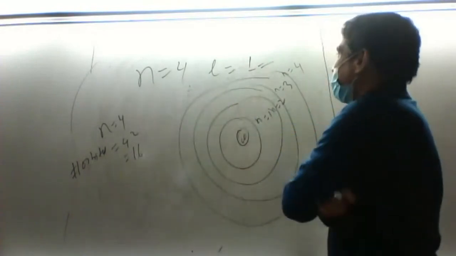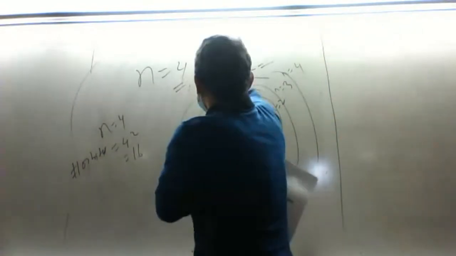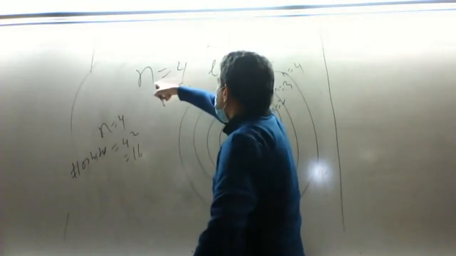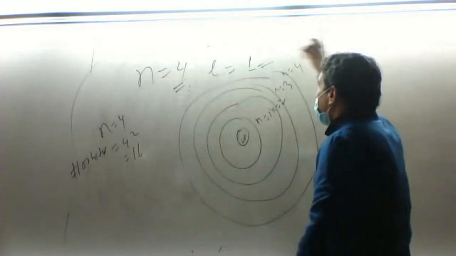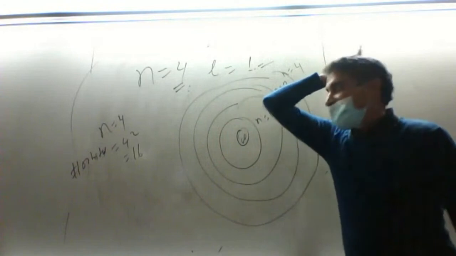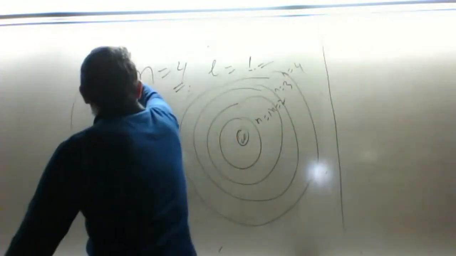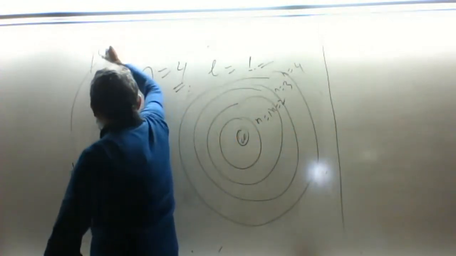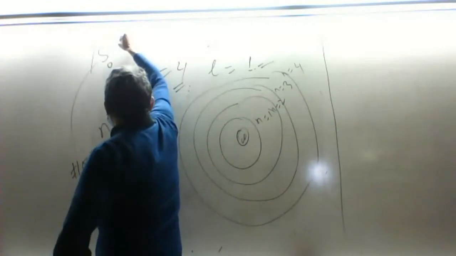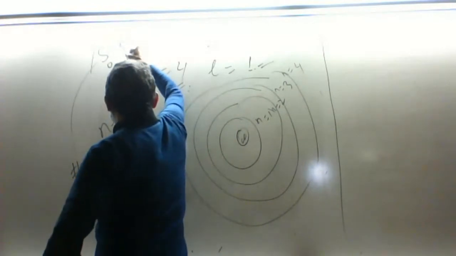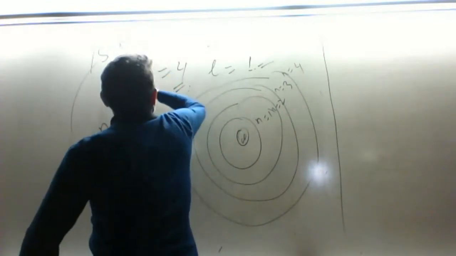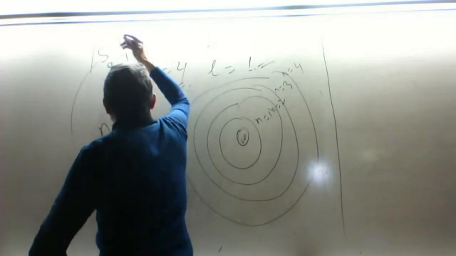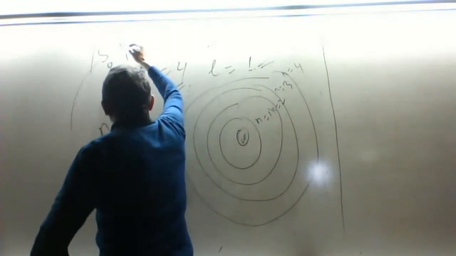Now we need to give the name, and so we give the name as 4, the principal quantum number. This is the 4, and then what is the name if l is equal to 1? So you just look at how I wrote the names.